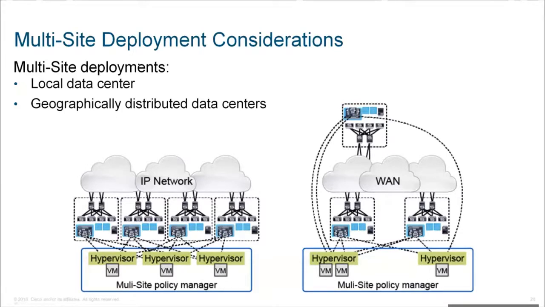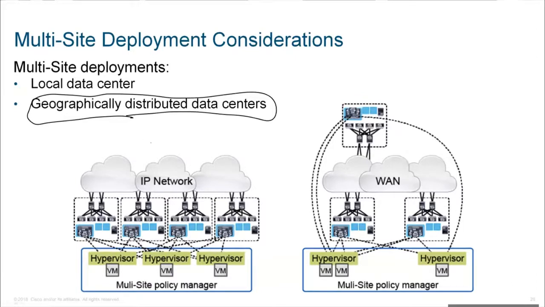You could also definitely use it for geographically distributed. I may have APIC in the East Coast and APIC in the West Coast and APIC in the central mountain areas. So you can have four different APICs and then they could still be managed centrally to a lot of extent.